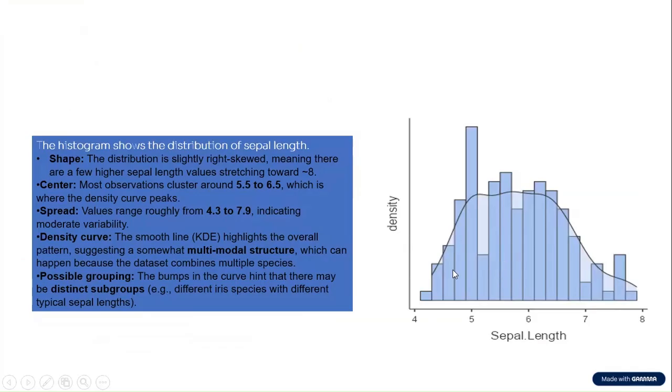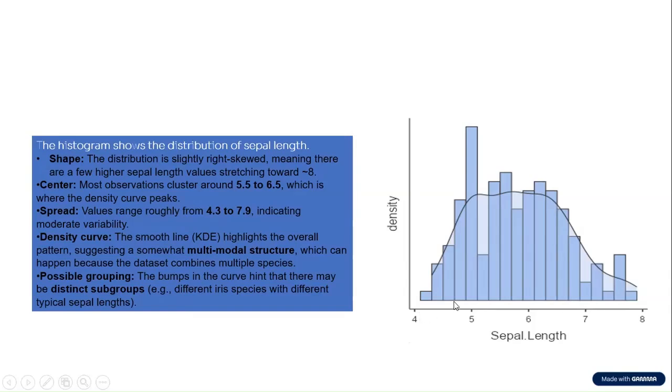It is being copied, and its interpretation is: the histogram shows the distribution of sepal length. The distribution is slightly right skewed, meaning there are a few higher sepal length values stretching towards 8 centimeters. Most of the observations are clustered around 5.5 to 6.5.